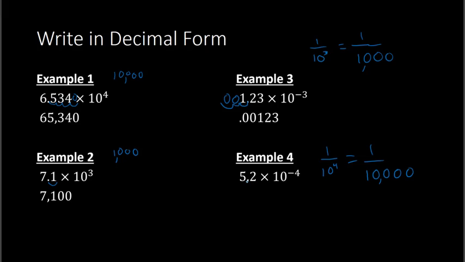So to make the 5.2 smaller, I move the decimal to the left side. I'm moving it 4 places because of the 4 in the exponent. So moving it 1 takes me here, and we need to move it 3 more after that. So 3 more places means we have to add 3 zeros in the front. So my answer is going to be 0.00052.